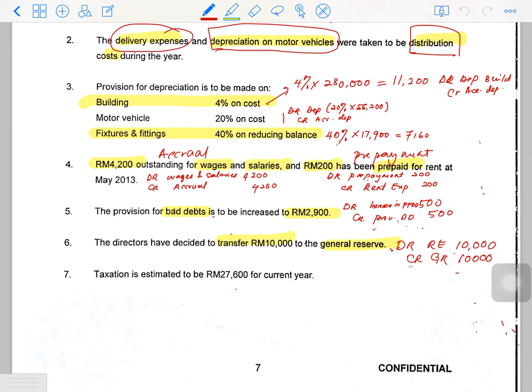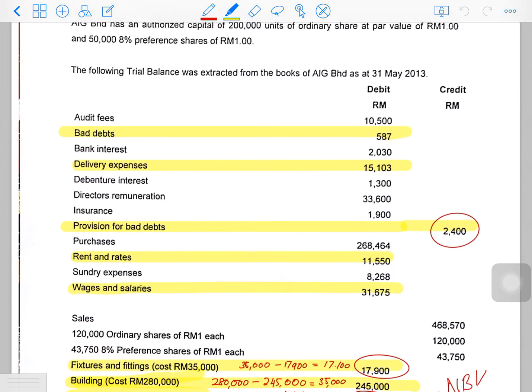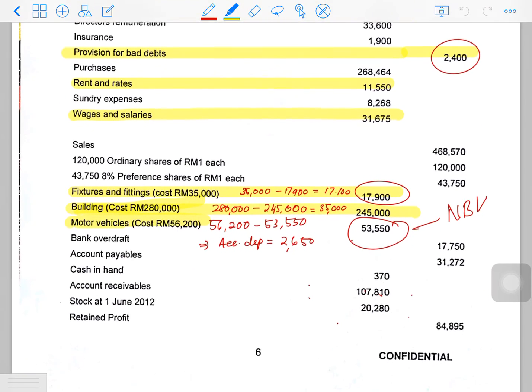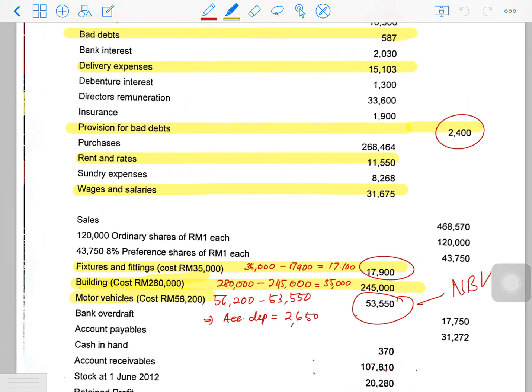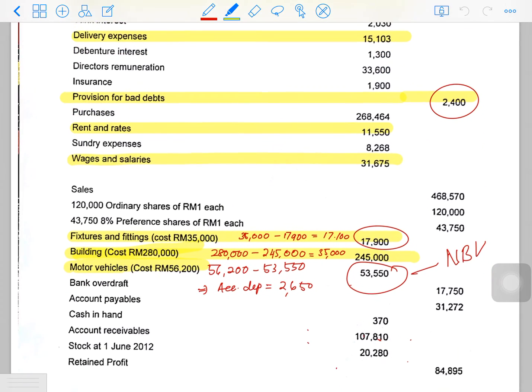Next we have taxation. Taxation here is estimated to be 27,000 for the current year. For taxation, you have to look at what is already paid in your trial balance. Look at the trial balance for tax. Is there any tax there?